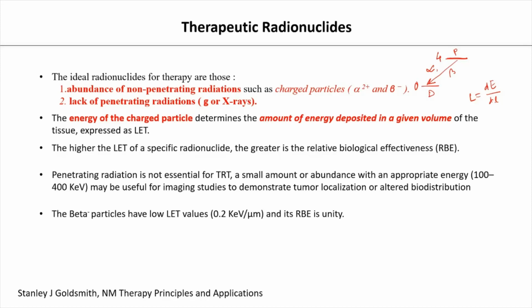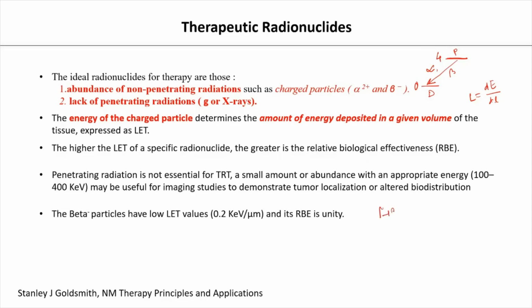And the penetrating radiations like gamma rays or X-rays are not essential for targeted radionuclide therapy, but a small amount or abundance within an appropriate energy like 100 to 400 keV may be useful for imaging studies to demonstrate the tumor localization or altered biodistribution. For example, iodine 131.